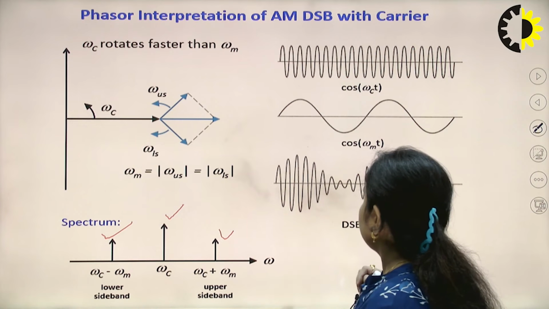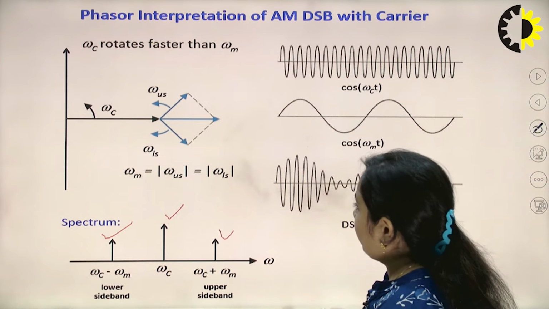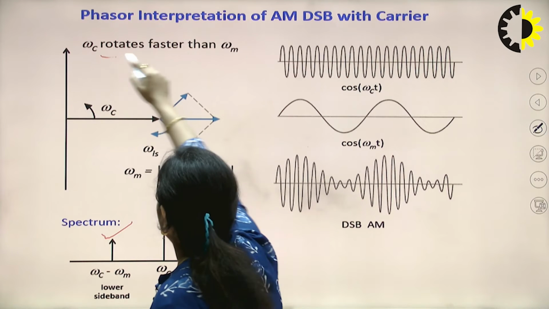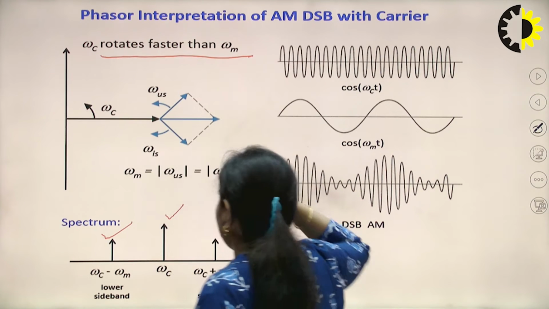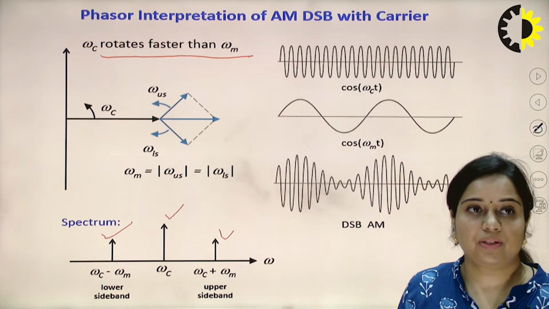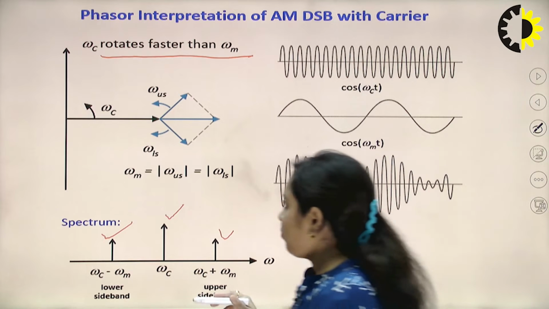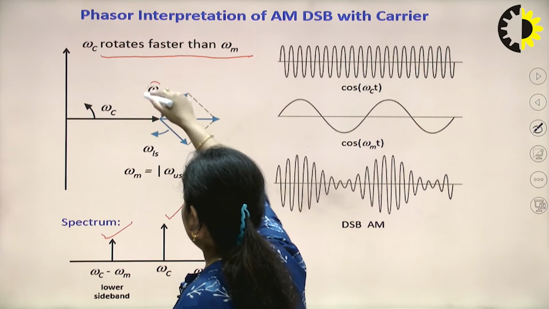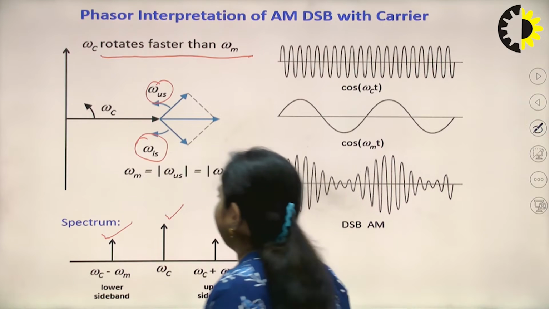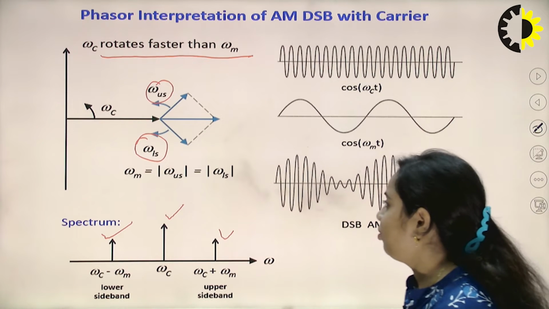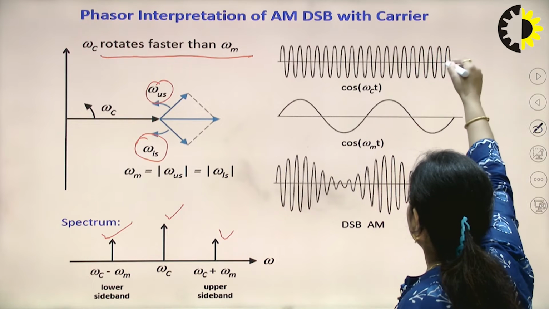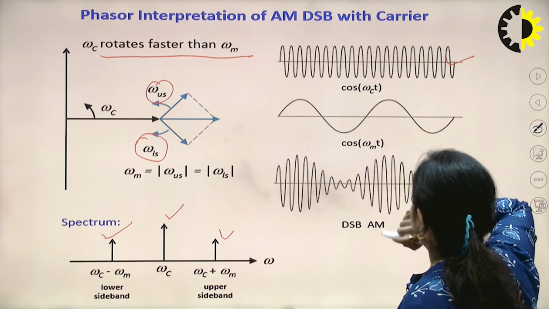That is the simplest kind of amplitude modulation. So according to that, this is the phasor diagram. Omega c rotates faster than omega m because omega c has higher frequency as compared to the frequency of the message signal. So this will be the center frequency, this will be the upper sideband to the right hand side, and this will be the lower sideband frequency to the left hand side of the center frequency omega c. Corresponding to that, you can see that this is cos omega ct, higher frequency.